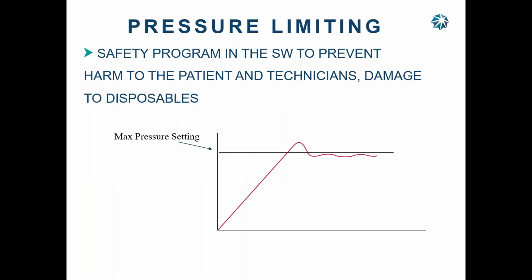See part of the graph over there. This is what will happen. It's a safety program in the software. You'll start off here, it'll go up, hit max pressure setting, do a little droop down, and then continue the injection at a lower flow rate. That's what happens. Very important in the injector world, right?